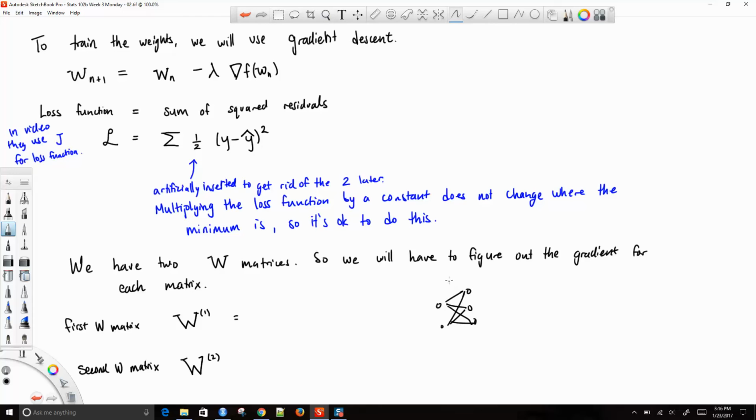So this is the W. This matrix is going to be what? 2 by 3. Okay. So when I take the derivative of the loss with respect to W, what's the dimension of that going to be?